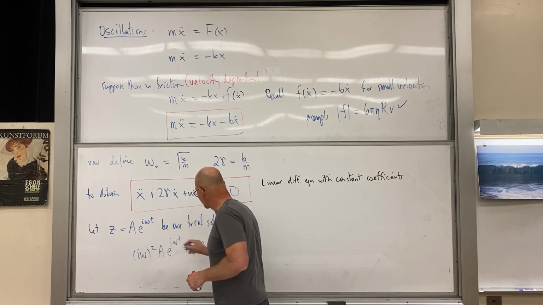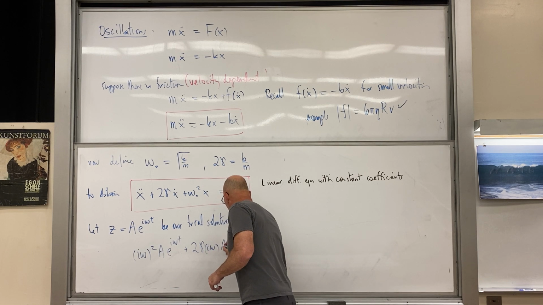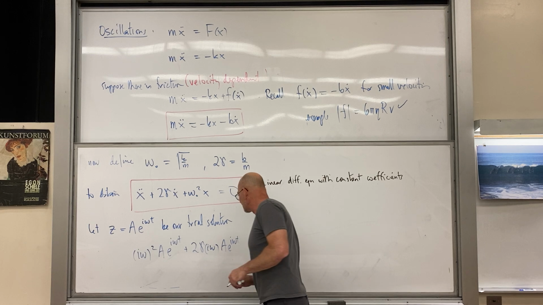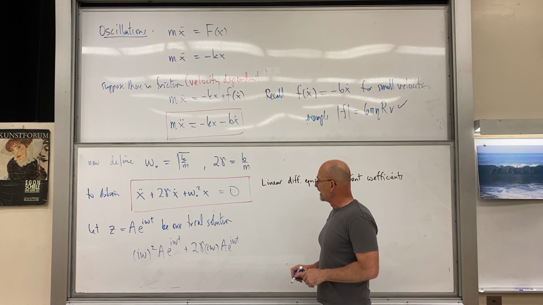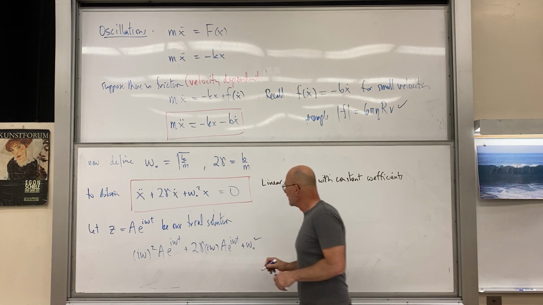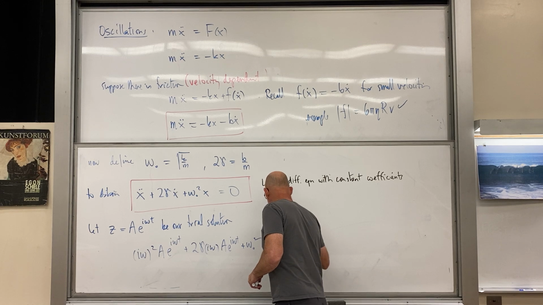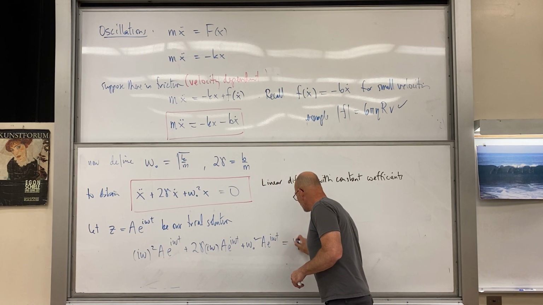This brings i omega down once. i omega A e to the i omega t. And then omega naught squared, that's a simple multiplication, A e to the i omega t, equals 0.